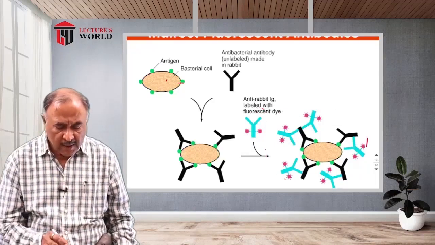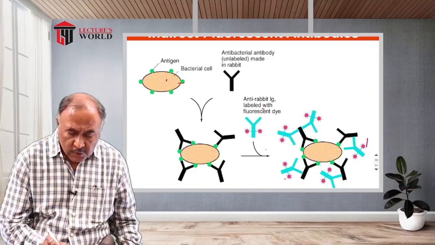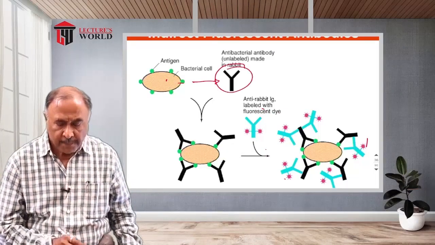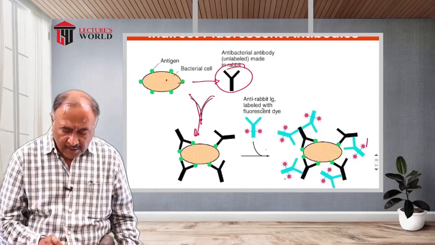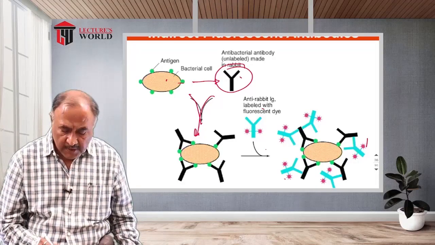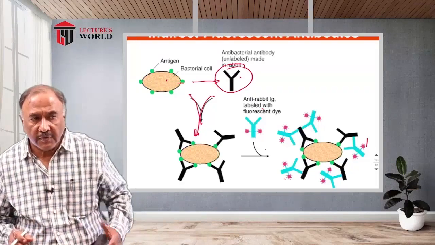These antigens would first bind to a respective antibody. This is the one. Once they are bound like this, as you can see in this diagram, this is the primary antibody. Now, this primary antibody is not tagged at all. It does not have any fluorescent dye tagged with it.